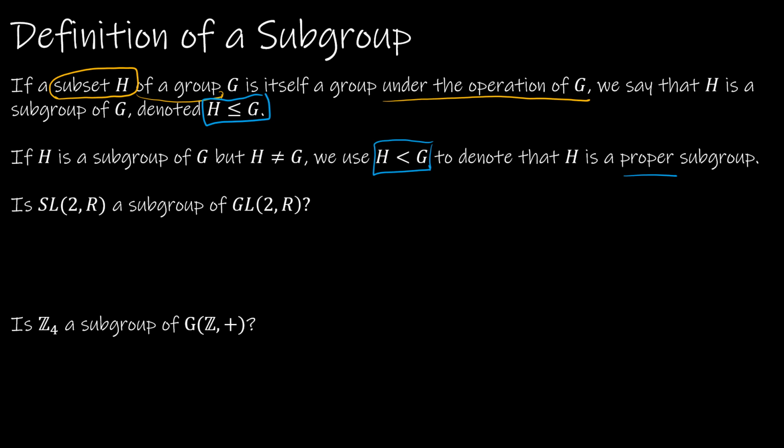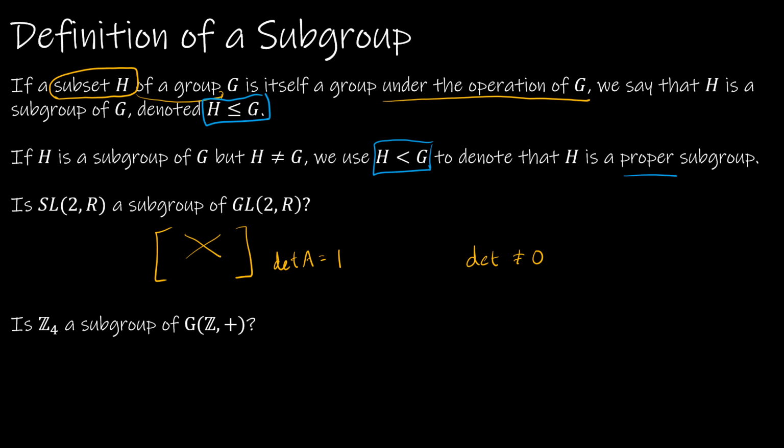Let's look at 2 examples. First, is the special linear group a subgroup of the general linear group? Well, what's the special linear group? Special linear group is any matrix where the determinant is equal to 1, and the general linear group is where the determinant is not equal to 0.